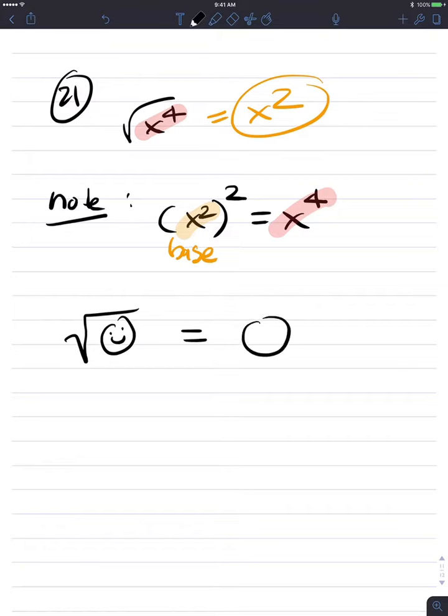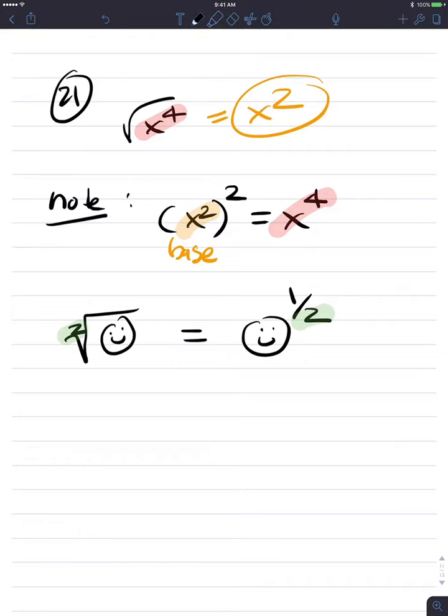The square root of a happy face can be written as the happy face to the 1/2 power. I can describe my base here with a fractional power, where my index for the square root is a 2. This is what we call an index value. If you don't see a value, it's always, by default, 2. And the numerator for your power is always 1 here.